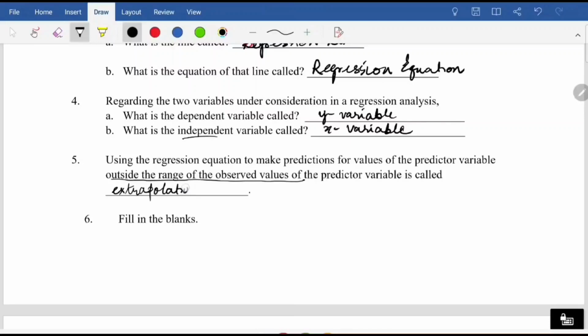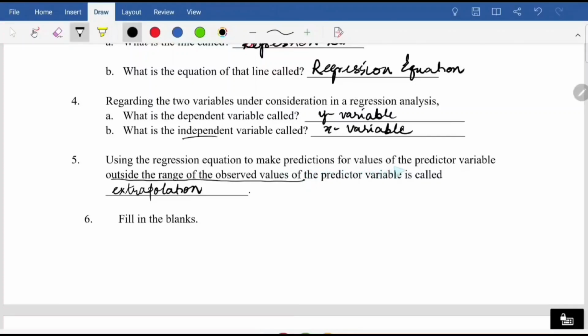So when we use our regression equation for x values which are not a part of the data set, to find the values of y, we call that process extrapolation.